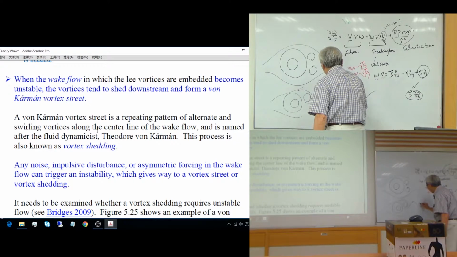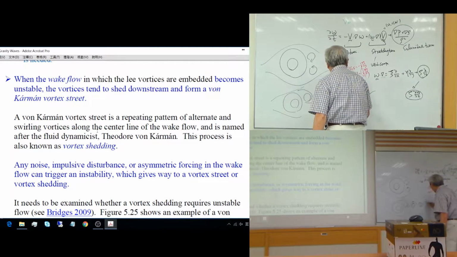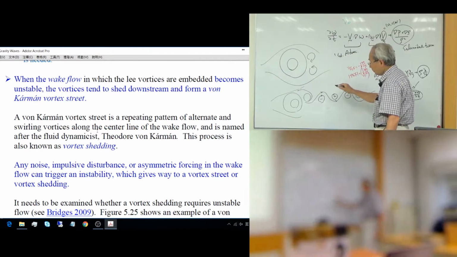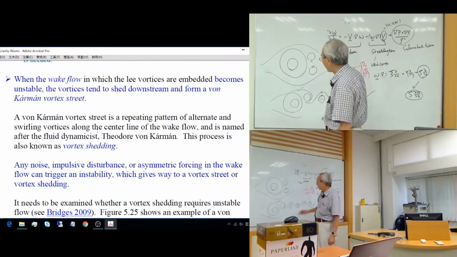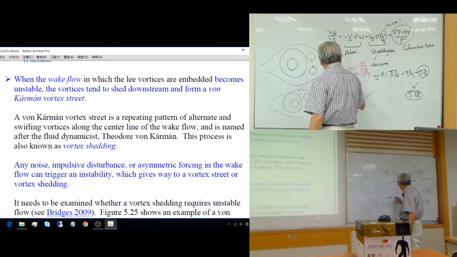So it's positive vorticity, negative vorticity here, negative vorticity here, positive vorticity here, and this is called vortex shedding.